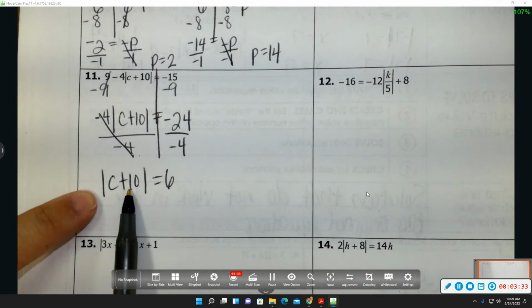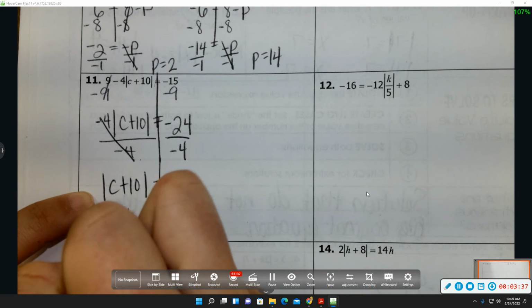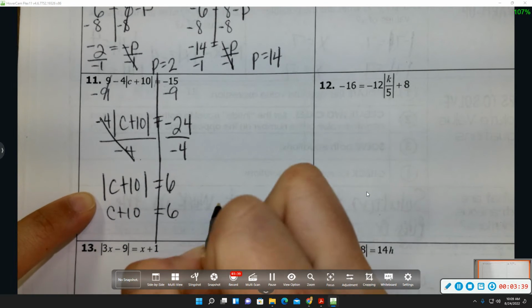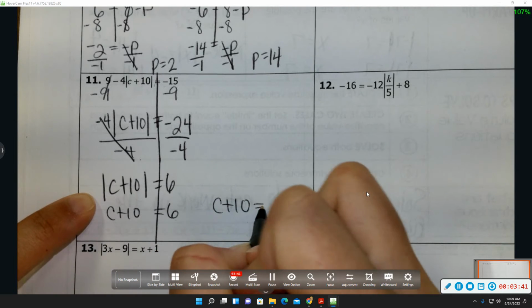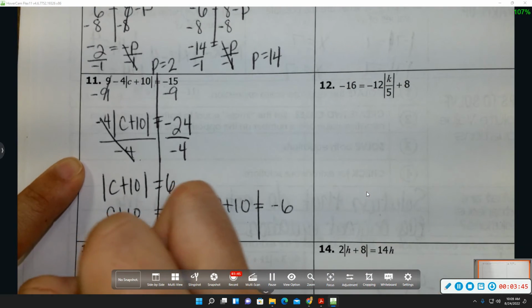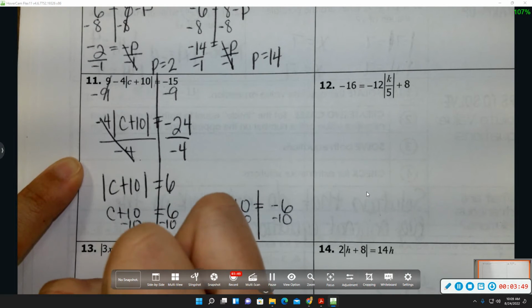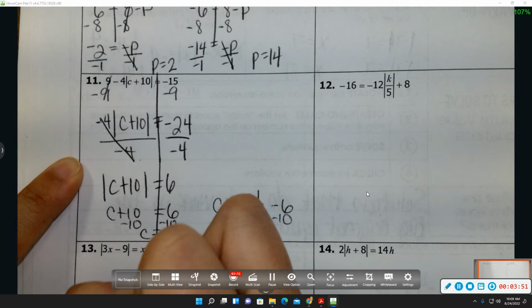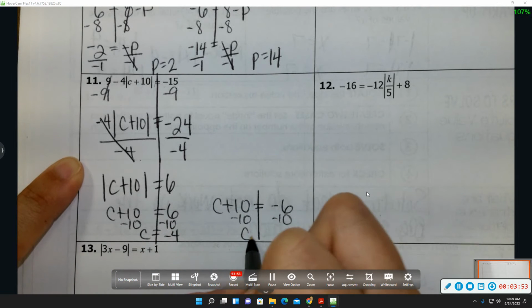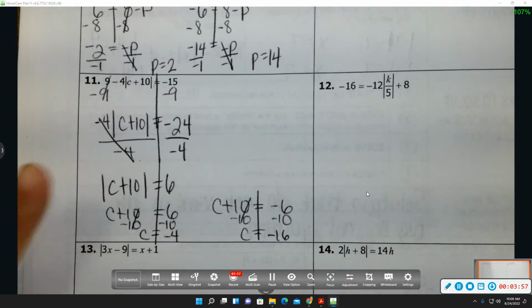Now the absolute value is isolated, so you can do this to the positive and to the negative. Subtract 10, subtract 10. C is equal to negative 4. C is equal to negative 16.